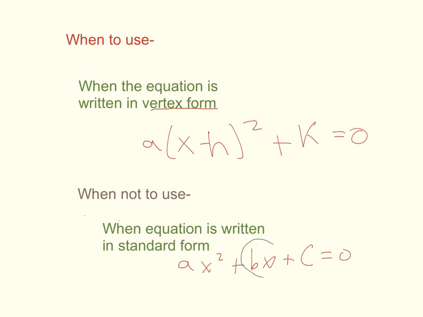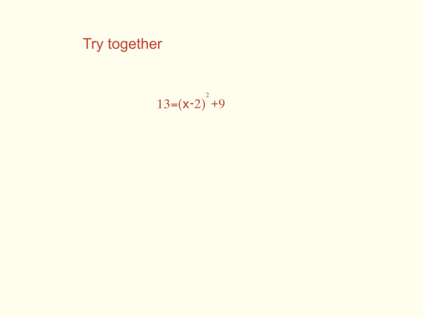Reason being, if you try to take the square root of the bx right there, you're going to have a bad time. So if you were ever to see an equation with an x term that's not squared, that is a great indicator that you should not use the square root method and that some other method would be best suited. Let's try one together.